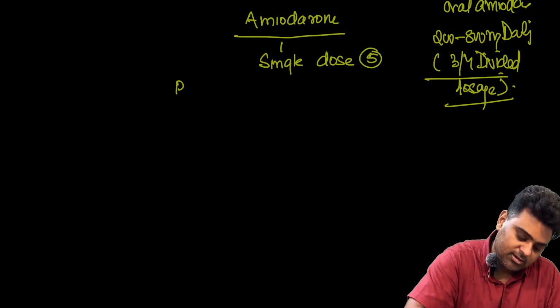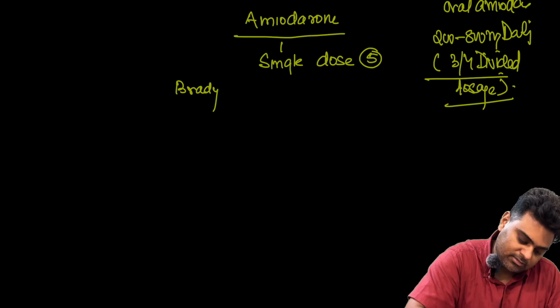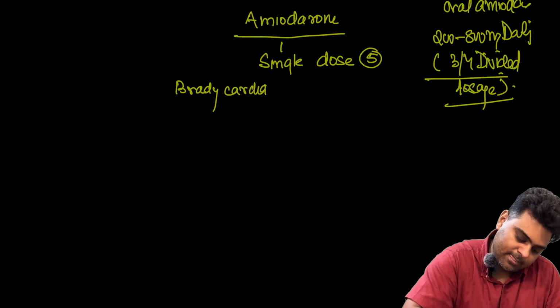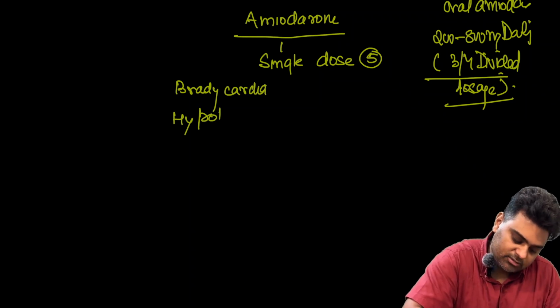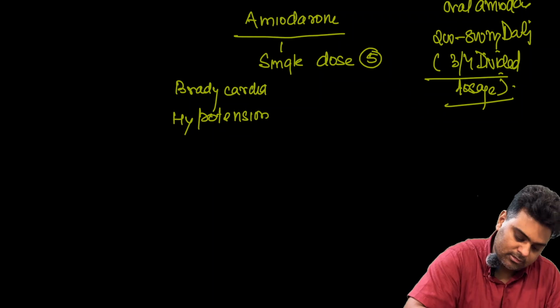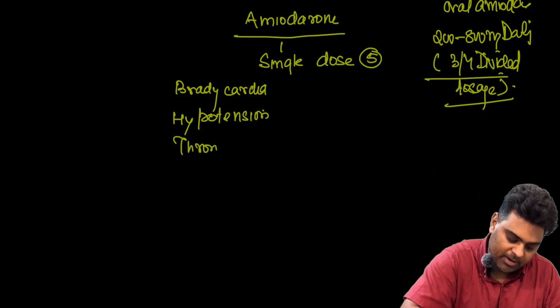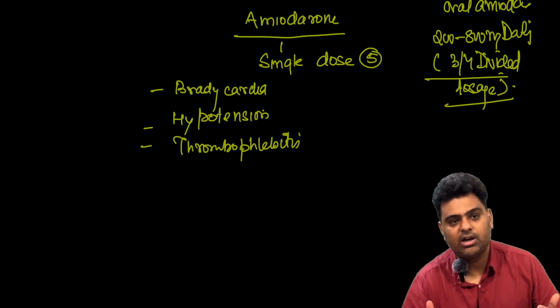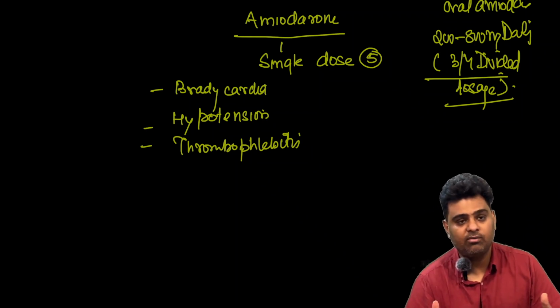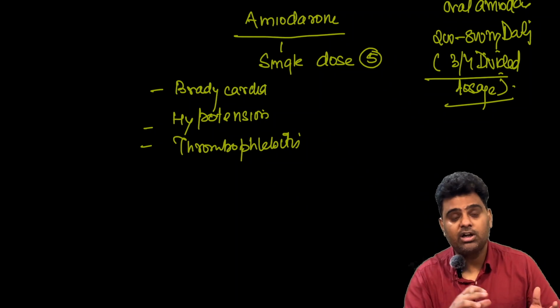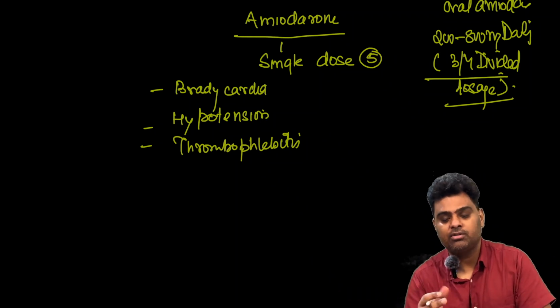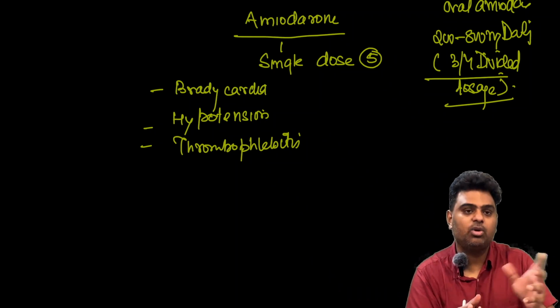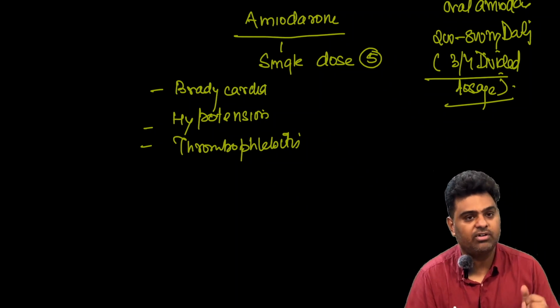What are they? They are bradycardia, hypotension, and thrombophlebitis. Therefore, it is always said that you have to give amiodarone through a central line, and if a central line is not present, you have to be very cautious. You have to take at least 2 different cannulas. You give amiodarone through one cannula, and after some time through a different cannula.